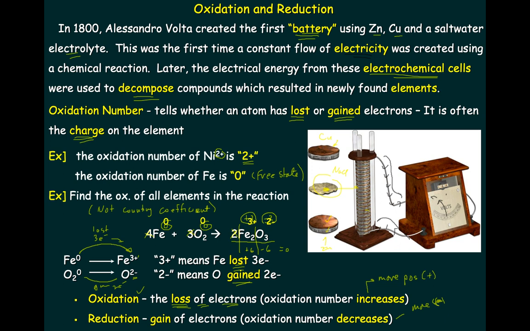Now I know sometimes the word gain and the word reduced or reduction sounds a little strange because it sounds like you're being counterproductive here. But a gain of electrons is a reduction in the oxidation number, which means the number is actually becoming more negative or going down. Think of it like going down. All right, so reduction means to gain electrons. Oxidation means the loss of electrons. All right, so that's important to know.